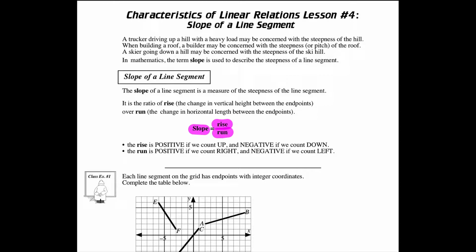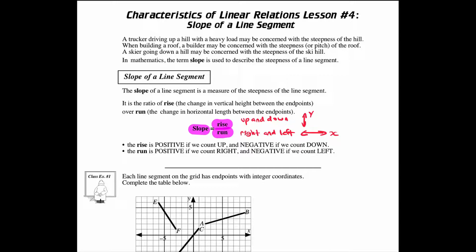So rise is sort of what is going up and down. Okay, and on the Cartesian coordinate system, that would be the y direction. And the run is what is going right and left. And again, on the Cartesian coordinate system, that would be the x-axis.